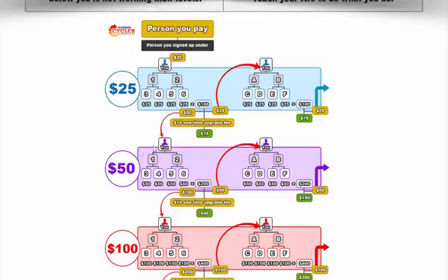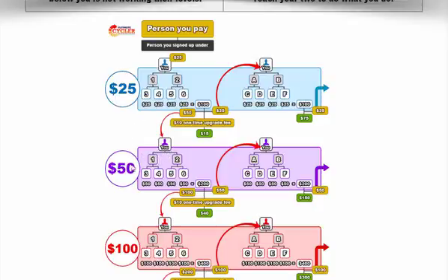Okay, so once you're in the $50 Business Center, now you have two businesses going on. The $25 Business Center is still running. The $50 Business Center is just starting, and you're teaching your people to follow you into a higher business center, thus being able to increase your income potential by doubling your income.